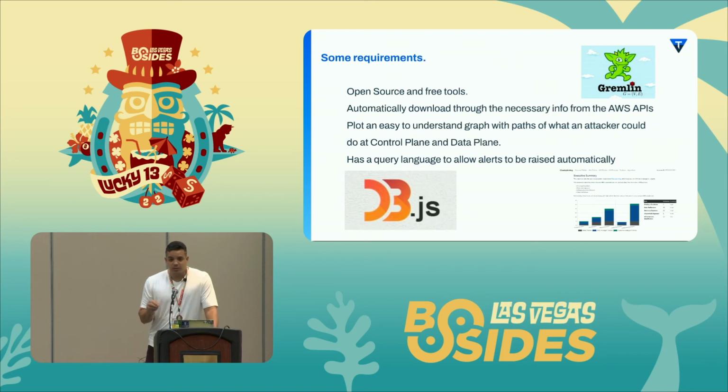We are also using Cloudsplaining to allow us to log in to multiple accounts and download all the information, and also some scripts to download information about the data plane things that we needed for our project. And we decided to use D3.js, an amazing graph library, pretty easy to build things with.